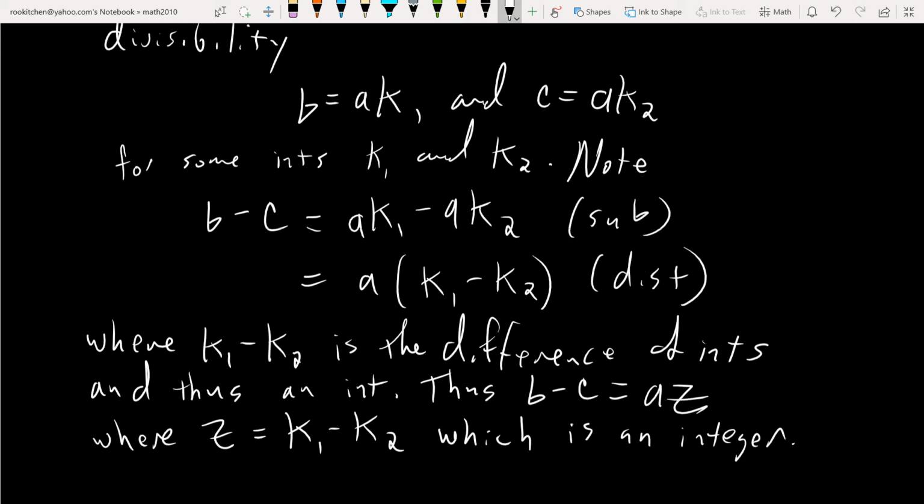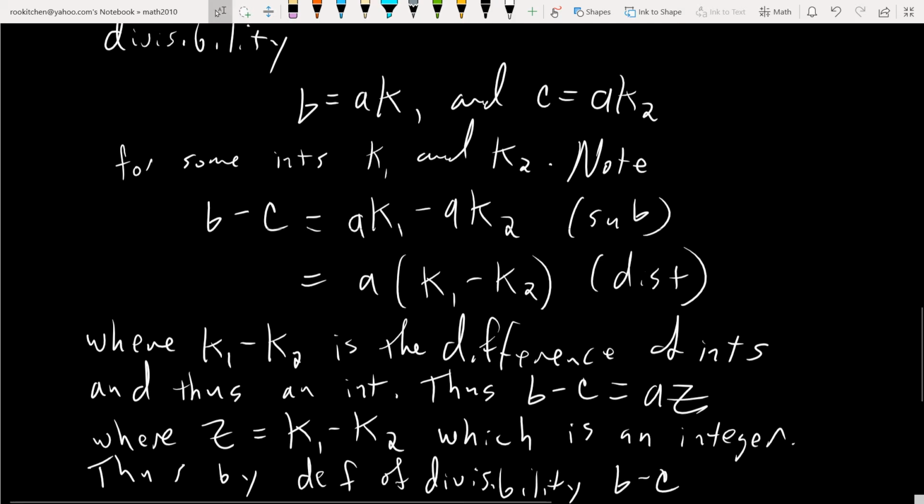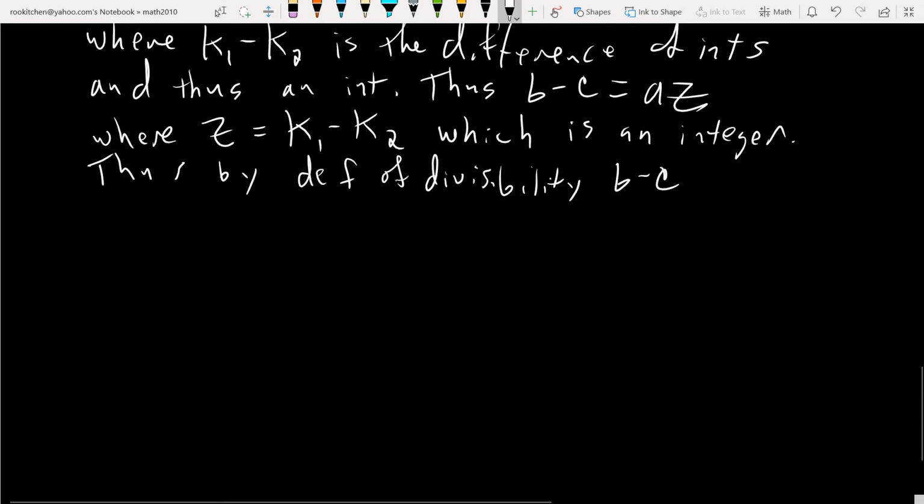Thus by definition of divisibility, B minus C is divisible by A. Or if you'd rather just write it, A divides B minus C.